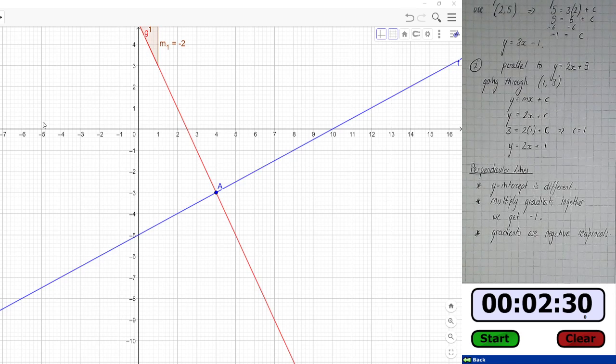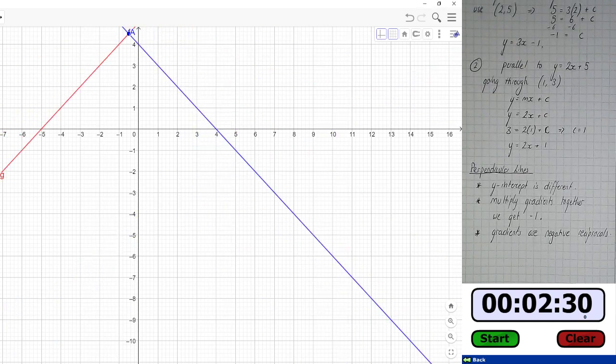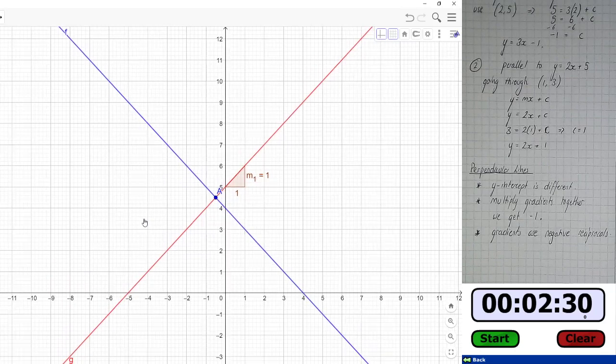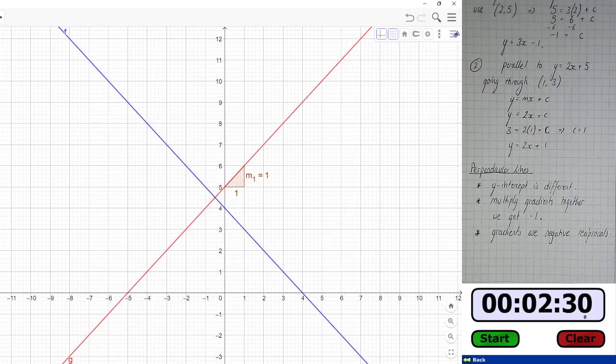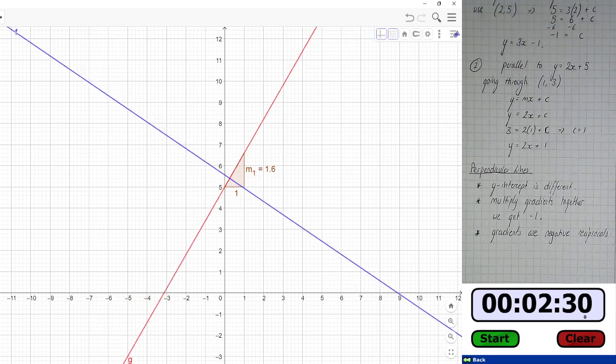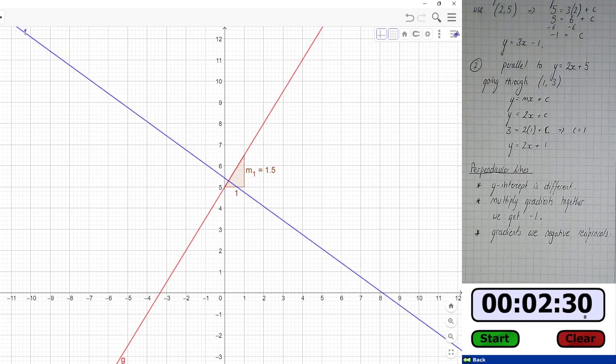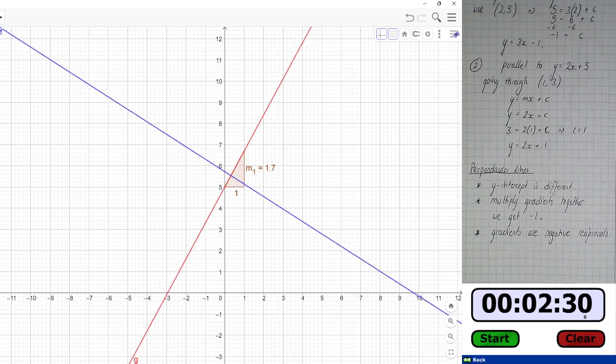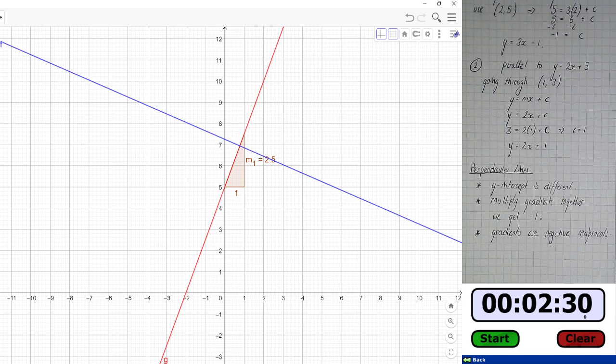So let's reset things back to how we would want them. The blue line and the red line are perpendicular to one another, and the gradient of the red line is 2.5, for example.